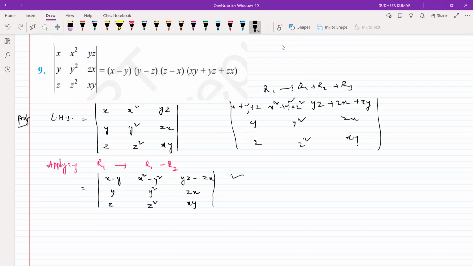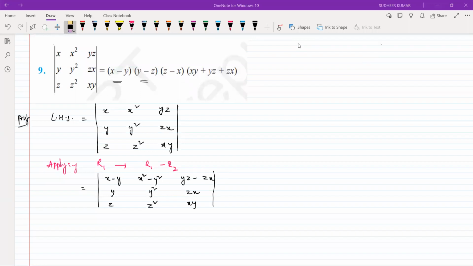Whenever this is given, you try to get these easy values first: x minus y, y minus z. Can we add three rows also in the same step, sir? Yes, we can, and we can add columns also.